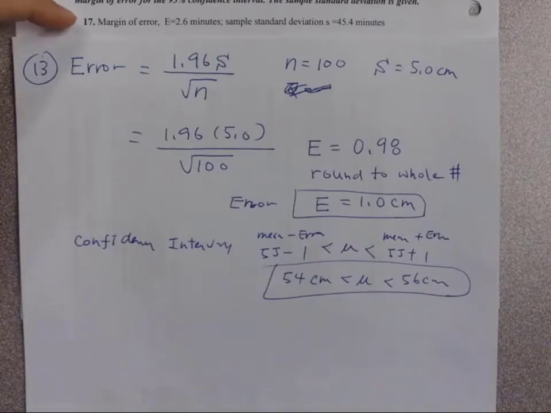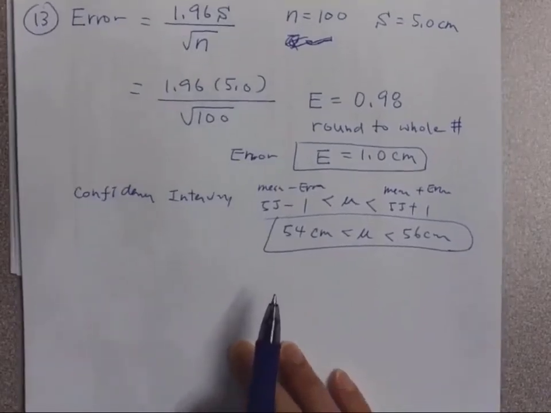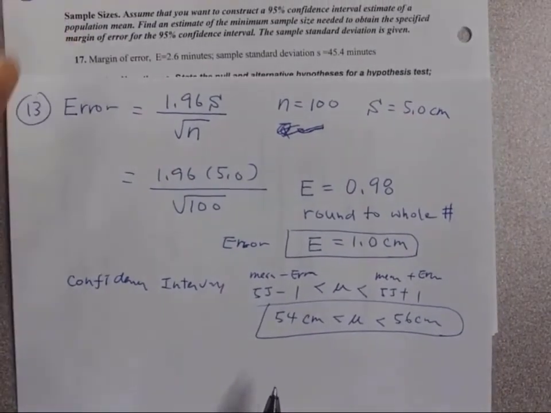So margin of error is 2.6 minutes. Sample standard deviation is 45.4 minutes. They want to find the minimum sample size needed. Okay, so this is also from chapter 8. This is number 17 here.